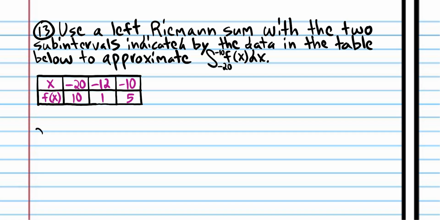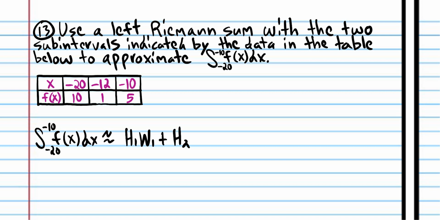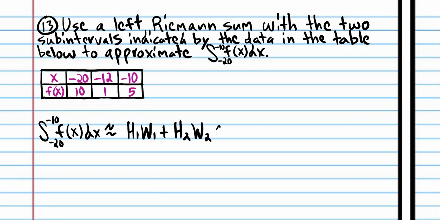So the integral of f of x from x equals negative 20 to x equals negative 10 is approximately equal to the height of the first rectangle times the width of the first rectangle plus the height of the second rectangle times the width of the second rectangle. So we have the area of the first rectangle plus the area of the second rectangle. So again, we're only using 2 rectangles.